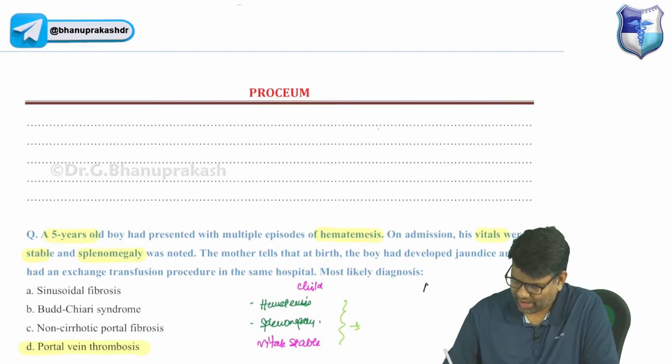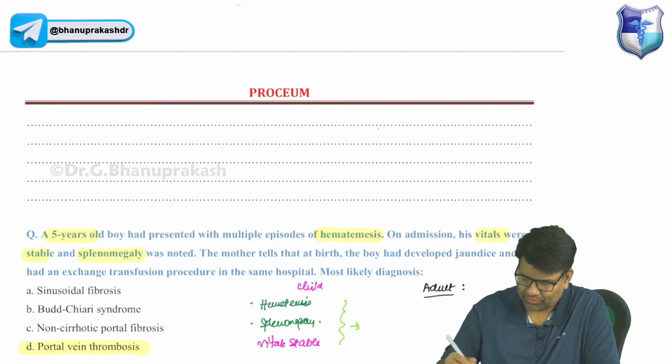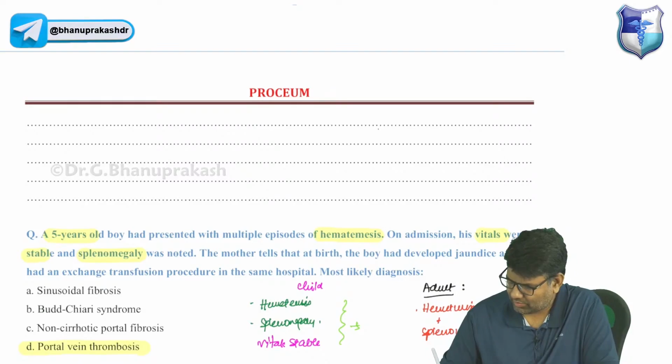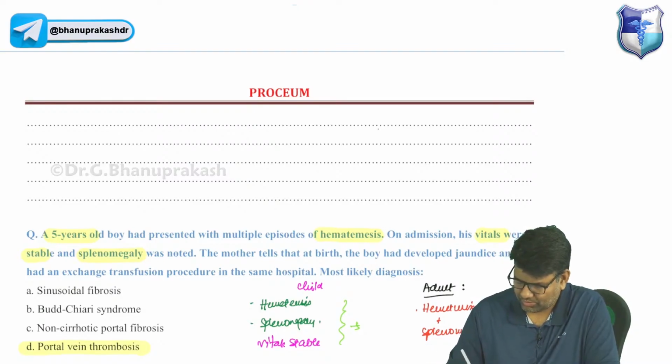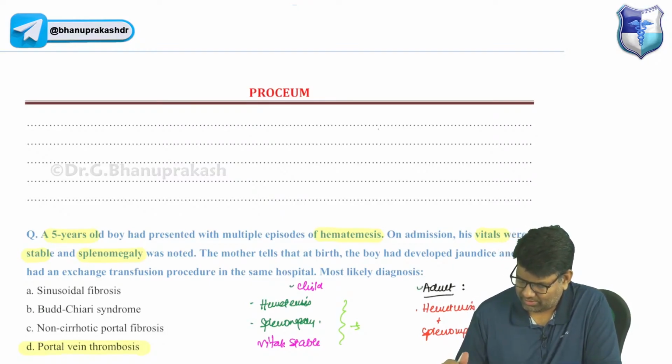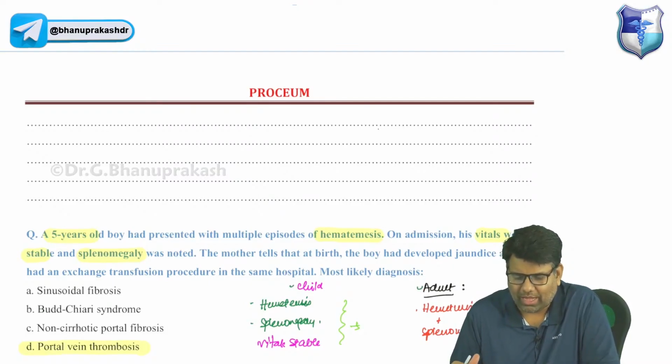And in the case of an adult, if you have hematemesis plus splenomegaly, you have to think of esophageal varices. Presentation is somewhat similar, but the diagnosis is different as per the age.